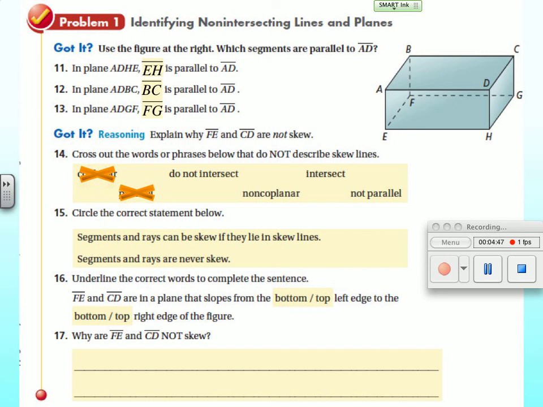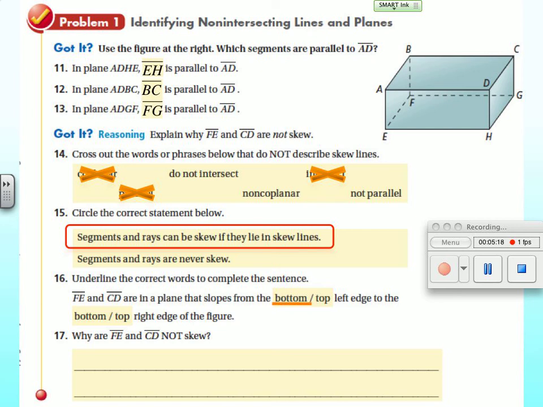So if a line can be skew, the segments and rays of that line can also be skew. So the correct answer for 15 there is segments and rays can be skew if they lie in skew lines. Underline the correct words to complete the sentence. Segment FE and segment CD are in the plane that slopes from the bottom left edge to the top right edge of the figure.